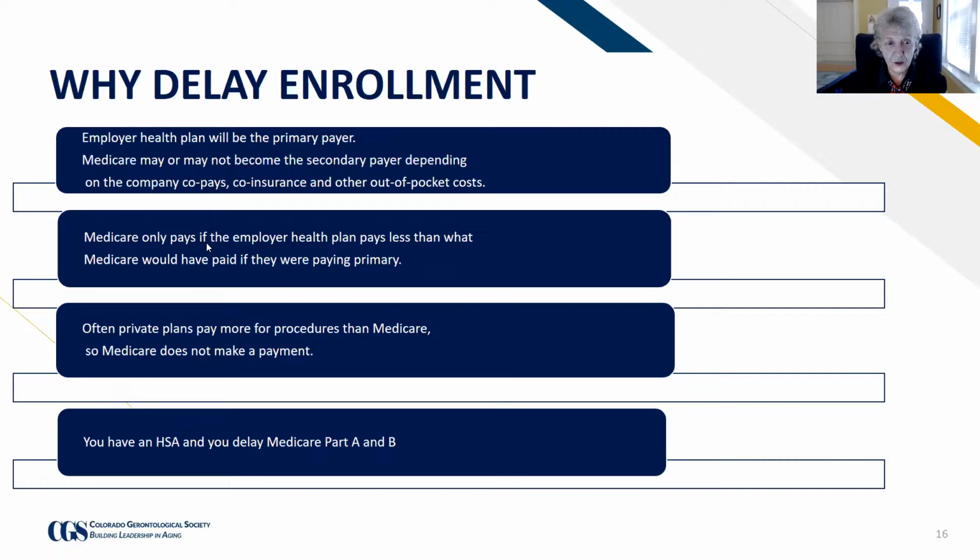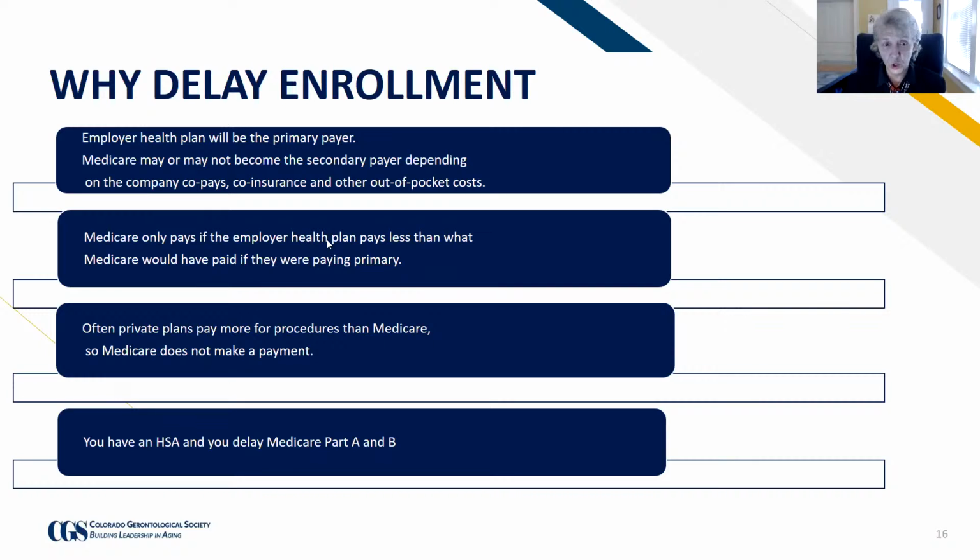Another reason why you may want to delay Medicare is if your employer health plan pays less than what Medicare would have paid if they were paying primary. So basically the way this works is if you go to the doctor and Medicare is going to pay $100 for your office visit and your company plan pays $120 for that visit, Medicare is not going to pay up here as the secondary payer.